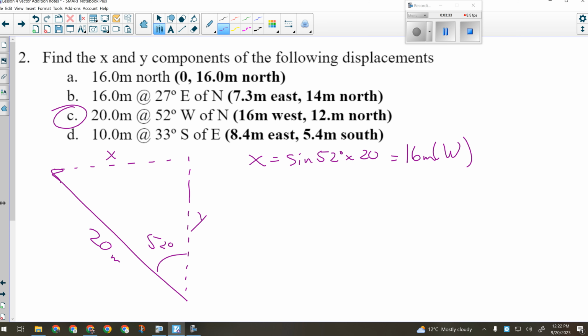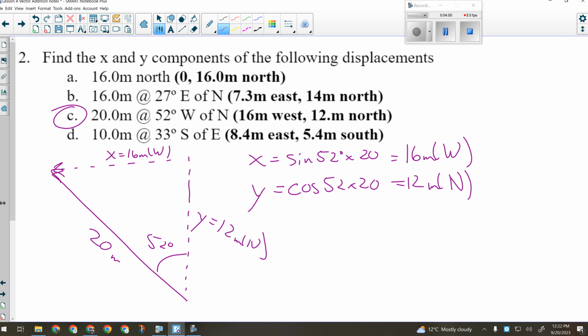If I want to find y, y is the adjacent side, cos 52 times 20. If I punch that in my calculator, I should get 12 meters north. Ringing a bell? How to find those vector components.